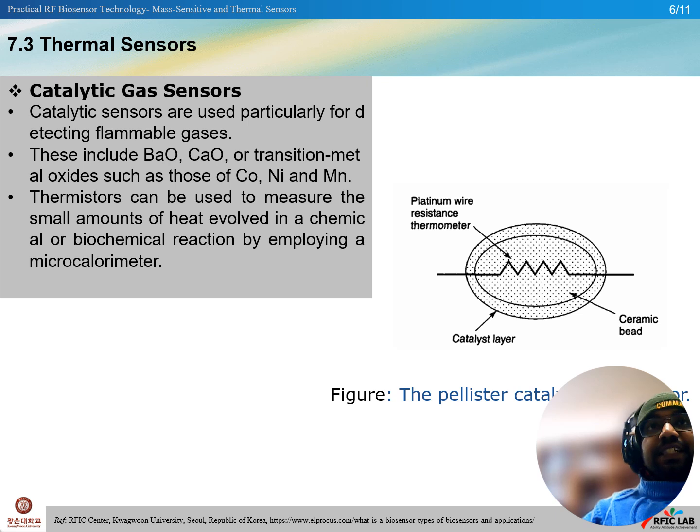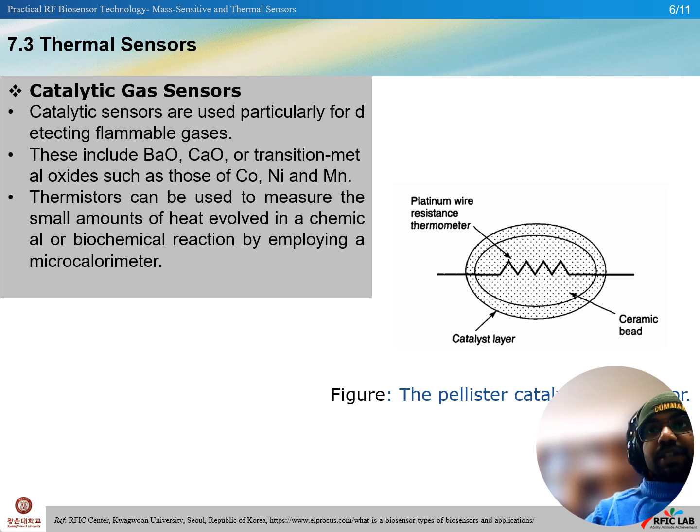Now the second under the thermal sensor is the catalytic gas sensor. Catalytic sensors are used particularly for detecting flammable gas. These include barium oxide, calcium oxide, or transition metals as I previously mentioned, cobalt, nickel, magnesium.